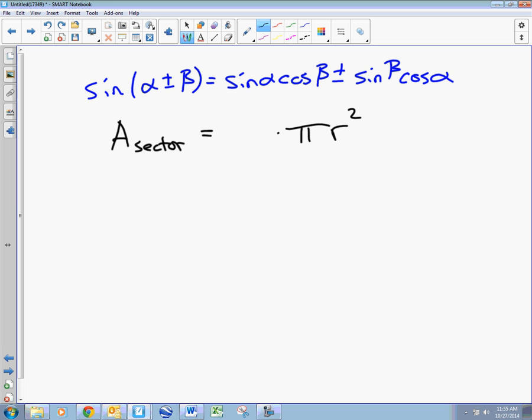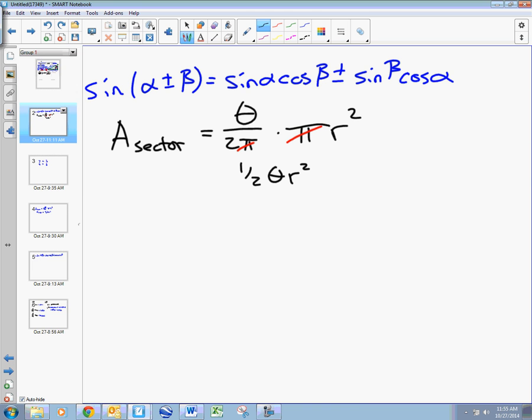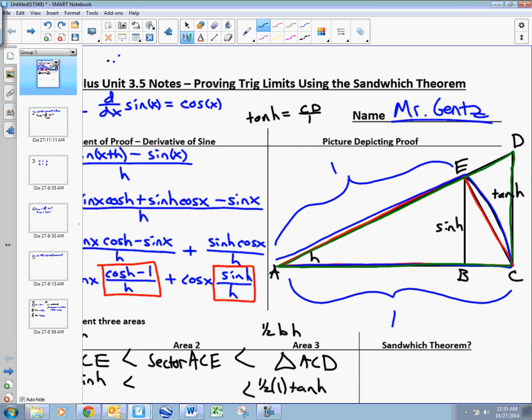What's the total degrees of a circle? 360, or in radians, it would be 2 pi. So theta over 2 pi. That's how you find the area of a sector. What happens to the pi's? They go away. So you're left with this great formula, which is 1/2 theta r squared when you're working in radians. It's just nicer to work in radians. 1/2 theta r squared. So we go back here.